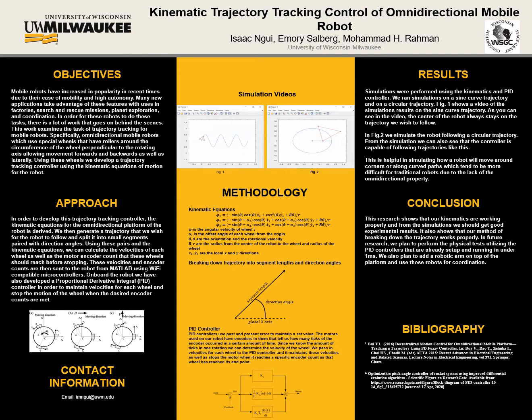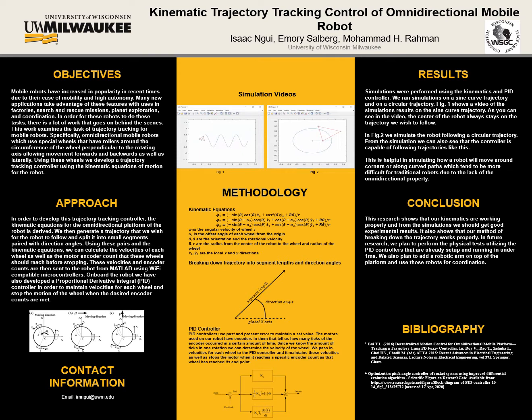Basically that'll give us a constant distance that our robot needs to travel, and then the angle will be changing depending on the curvature of the trajectory. So using these pairs, we can actually feed that into our kinematic equations, and that'll tell us the velocities of each wheel as well as the motor encoder counts that these wheels should reach before stopping.